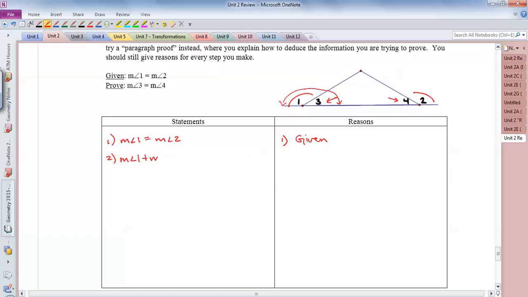So 1 plus 3 equals 180. And then over on this side, I can do the same sort of thing. 2 plus 4 has to be 180. So I'll just put that in the same step here, because they're really the same reason. I'm adding two angles next to each other to get the big angle. So that's angle addition postulate.